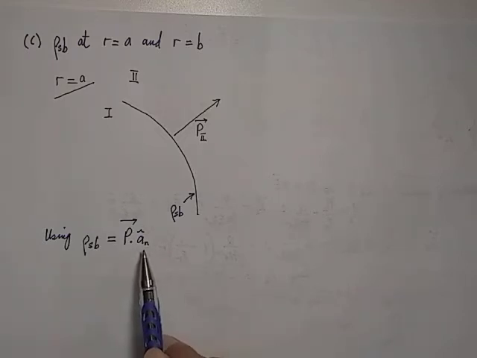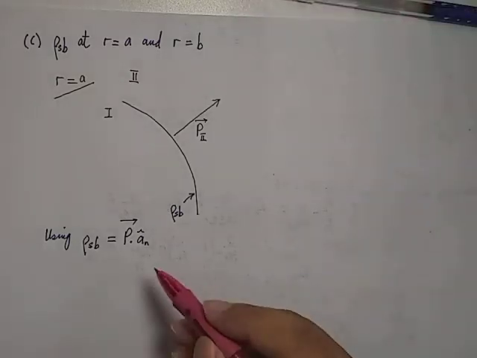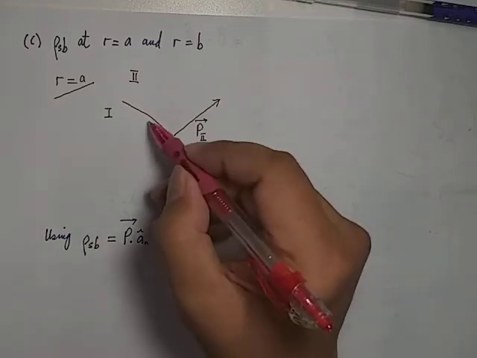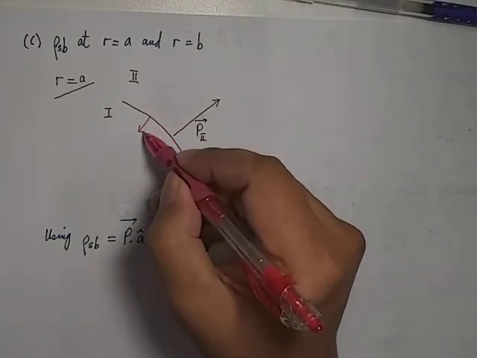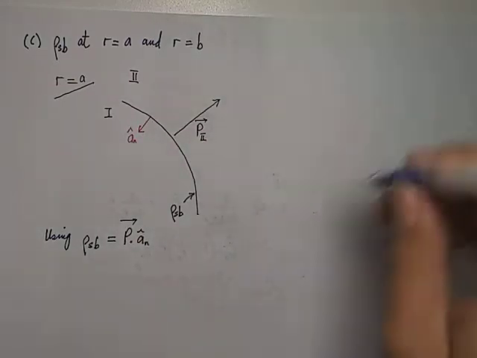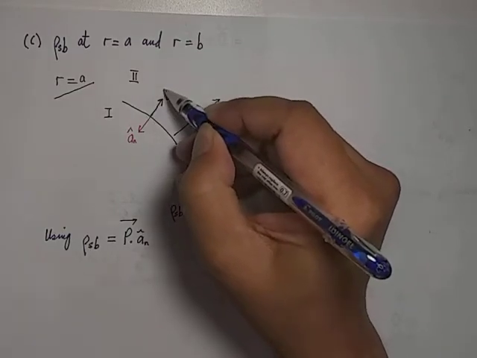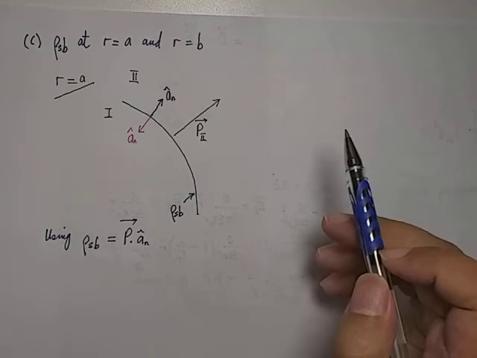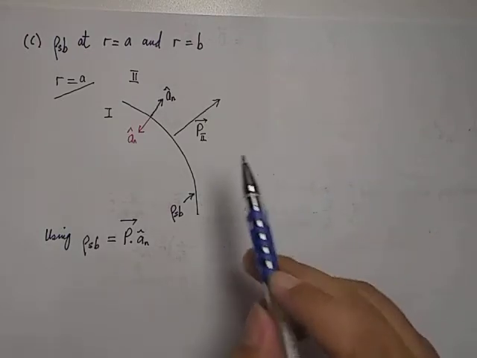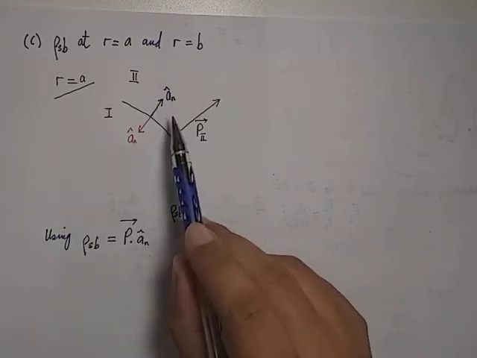So now you have to define the unit vector. In this case, the unit vector can be defined either in the red direction, so this is one unit vector AN, or you can define the unit vector to be in these directions, AN. Because both are unit vectors, both are normal to the boundary. So which one should I take in this substitution, the red AN or the blue AN?